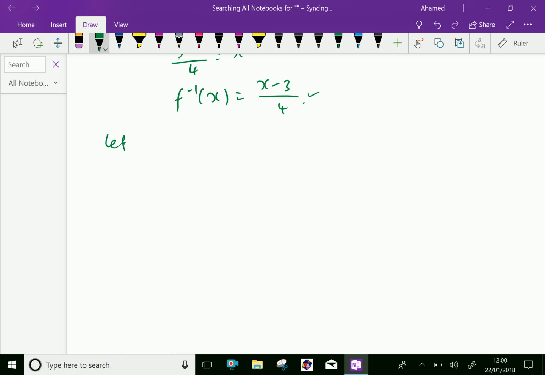Let f from A to B be a bijection, that is, a bijective function.